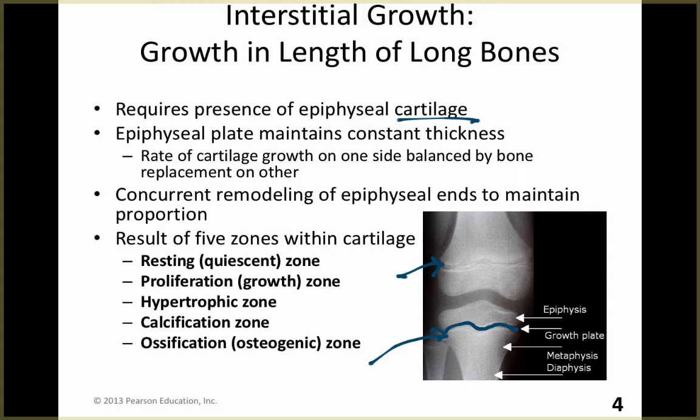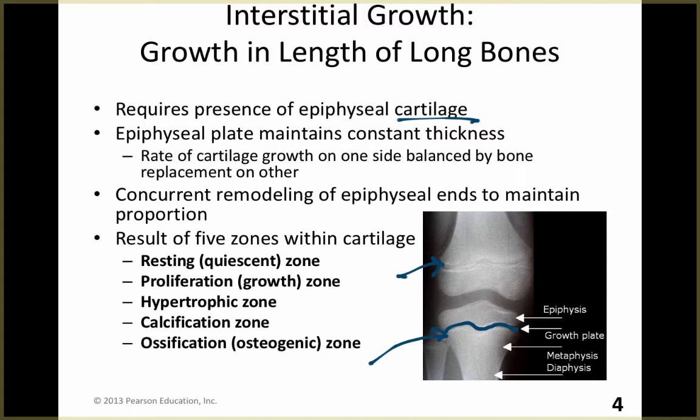So it's going to mean that the bone is growing longer, but we're actually making bone because the cartilage is getting converted to bone. And that rate of cartilage growth and bone replacement is equal. That's why we don't get this huge, big, thick line of cartilage at the epiphyseal plate.